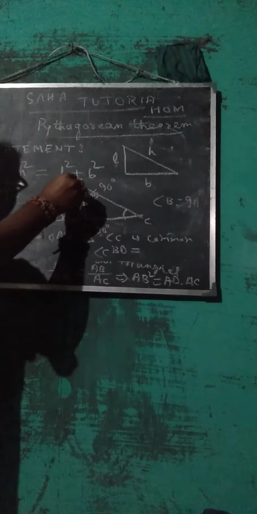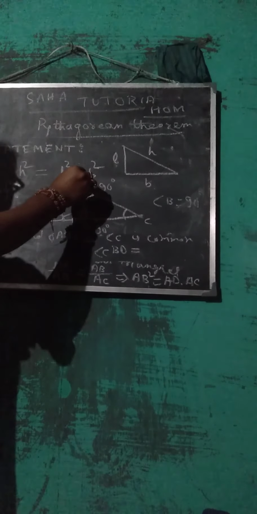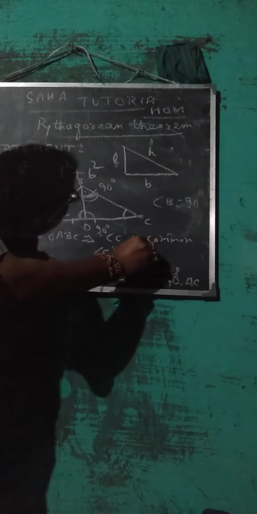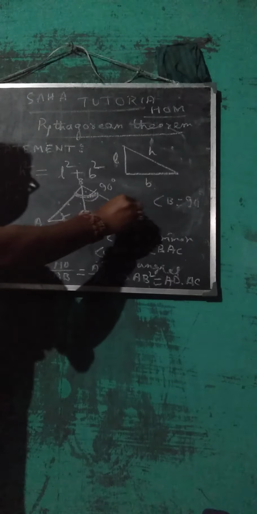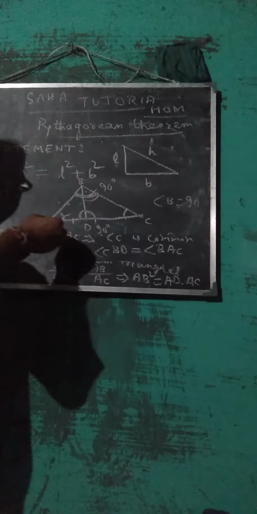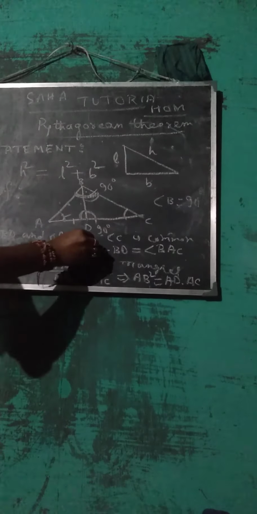So this will be equal to angle BAC. And we again have the 90 degree angles, angle BDC and angle ABC. So both the triangles are similar triangles.